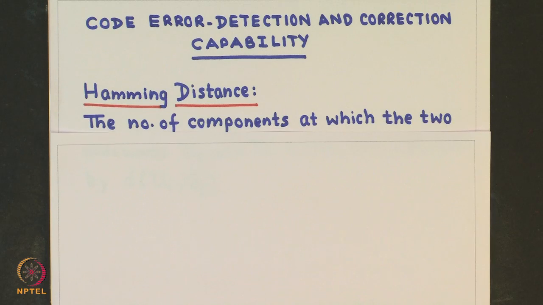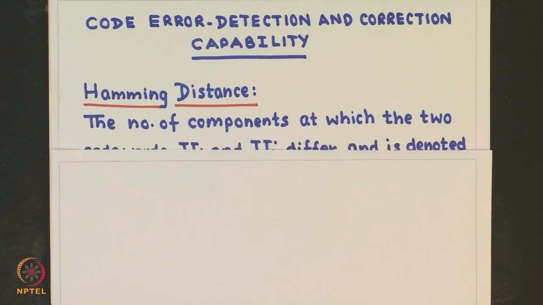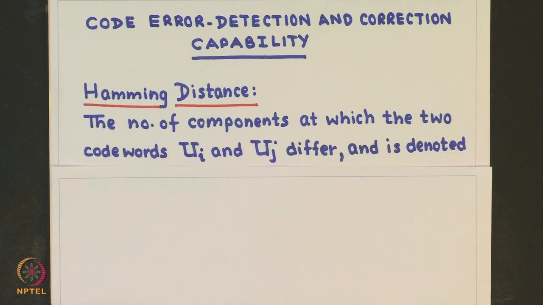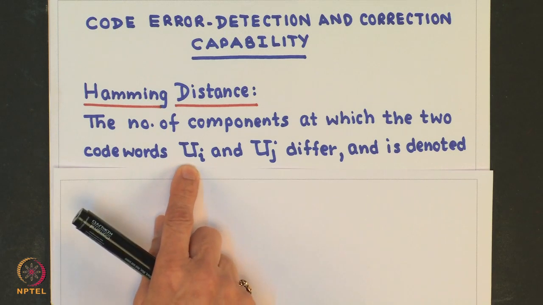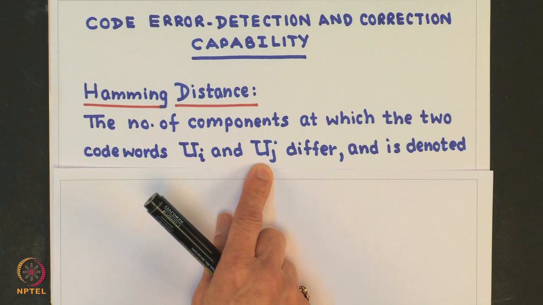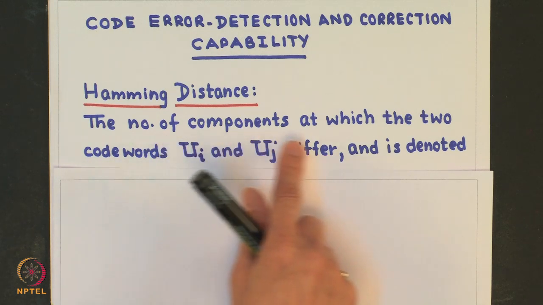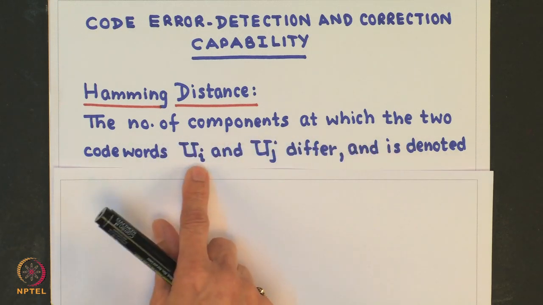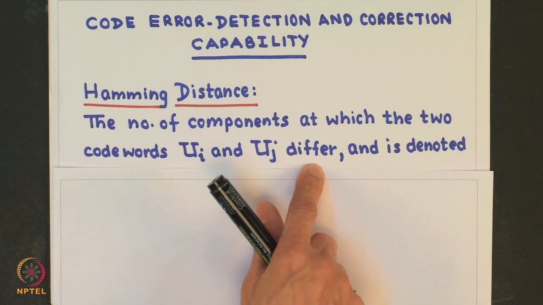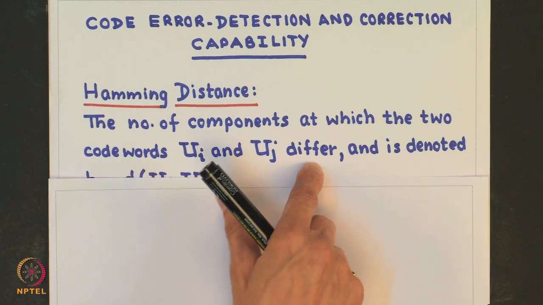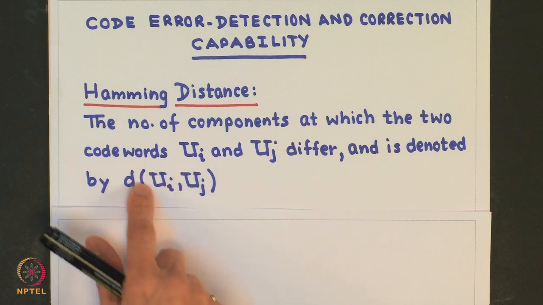The Hamming distance is defined as the number of components at which the two code words Ui and Uj differ, where Ui corresponds to the message vector Mi and Uj corresponds to the message vector Mj, and this is denoted by this notation.